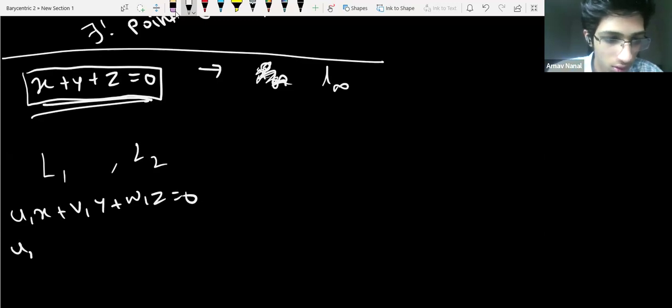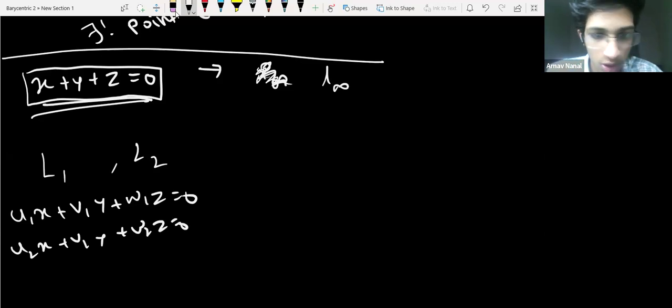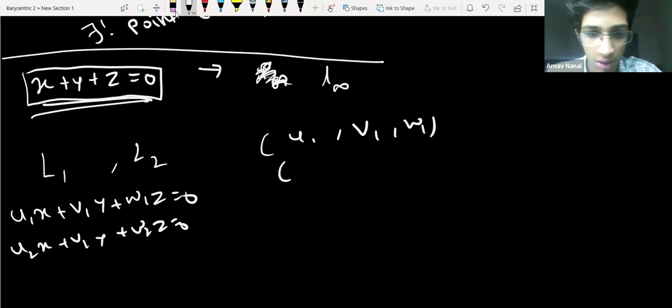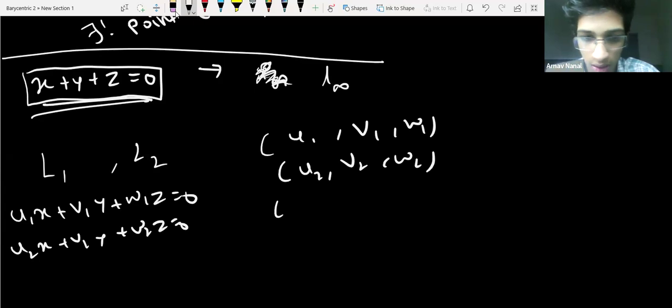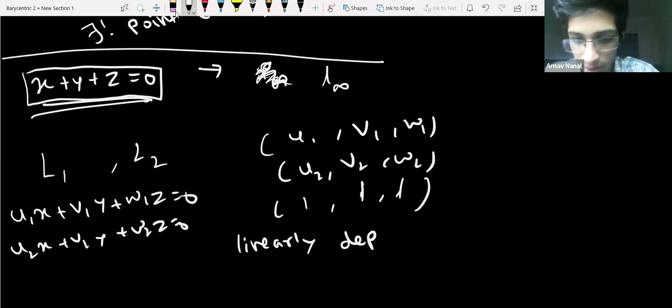So if u1 v1 w1, u2 v2 w2, and 1, 1, 1 are linearly dependent, then we can ensure that this is the point at infinity, and L1 is parallel to L2.